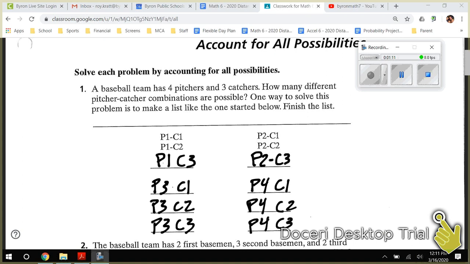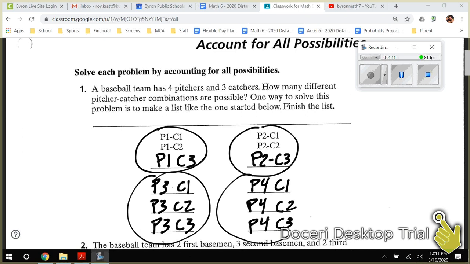So this is a good way to write it out, come up with a plan. Notice how we did all the pitcher ones first, then twos, then pitcher three, then pitcher four, just to make sure we didn't miss anybody, okay? Then what we can do is say, okay, we have three of those, three of those, three of those, and three of those. So together, if we count them all up, that would be 12.